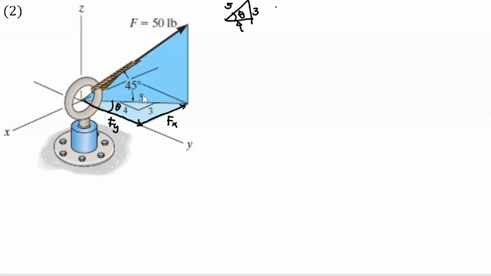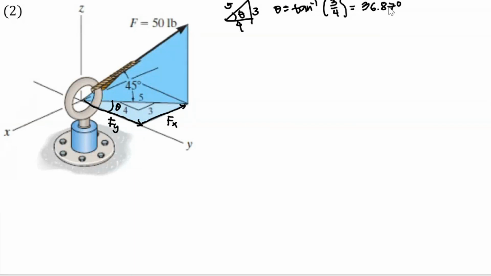I will be using arctangent. Arctangent is opposite over adjacent, TOA, opposite 3 over 4. So, what will be the angle? 36.87, ma'am. Okay, 36.87. So, alam nyo na yung transverse angle natin is 36.87.